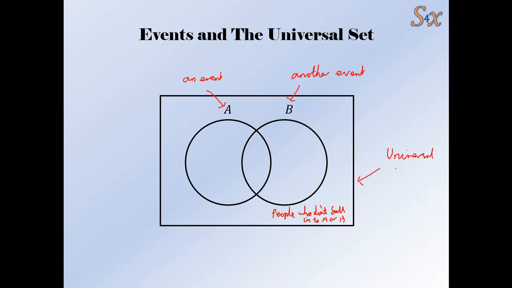And inside the universal set is everyone that we're considering. It gives us space to put people who don't fall into any of the events, but we're still considering. So they just go on the outside of the circles, but still inside this rectangle.